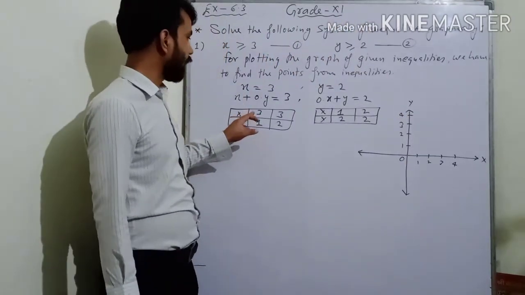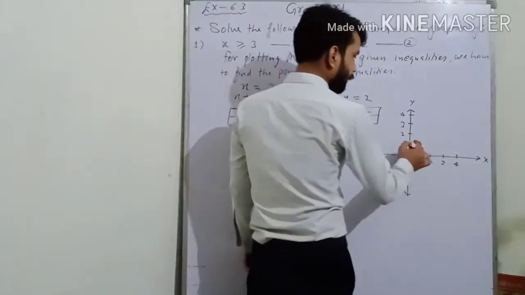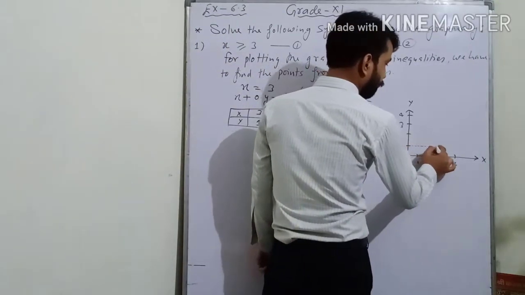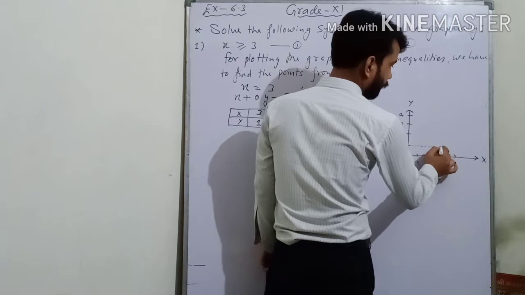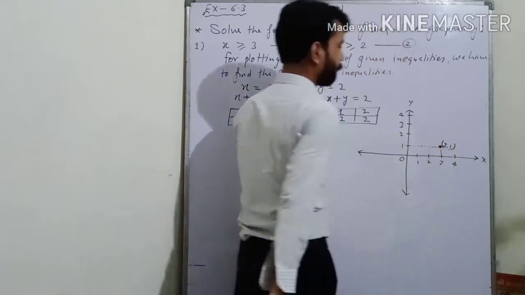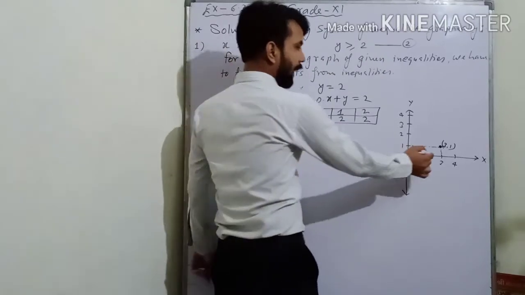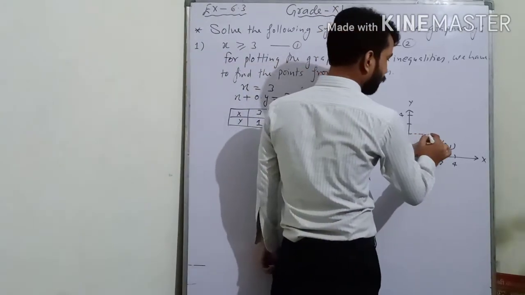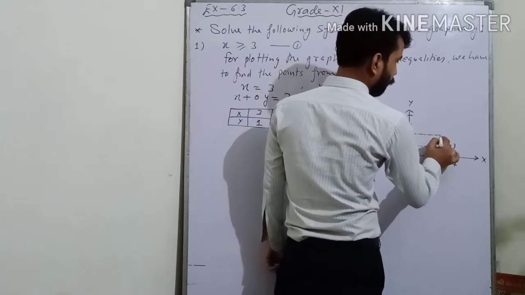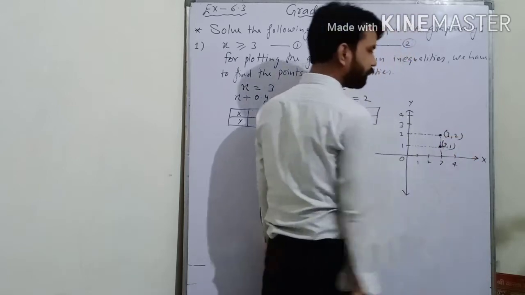Now first point is x3, y1. x3 and y1. x3, y1 point will lie here. This is x3 and y1. Second point is x3, y2. x3 and y2 point will lie here, x3 and y2.